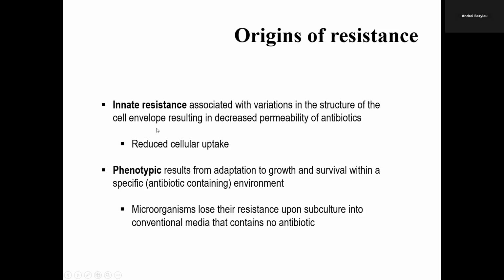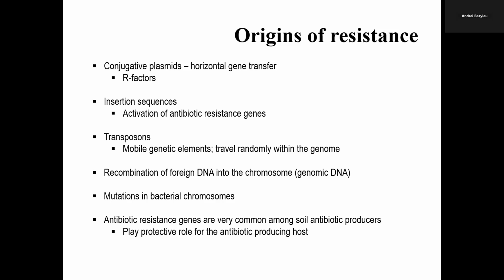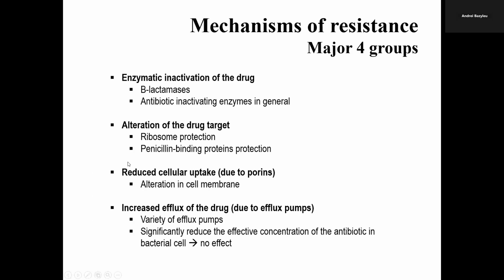Innate resistance is resistance due to antibiotic resistance genes that the cell is born with. So what kind of genes is the cell born with? The genes that are present on its genomic DNA, right? And those kind of genes are the genes that are usually responsible for reduced cellular uptake and increased efflux. These genes usually, not always, but usually come from the genomic DNA.